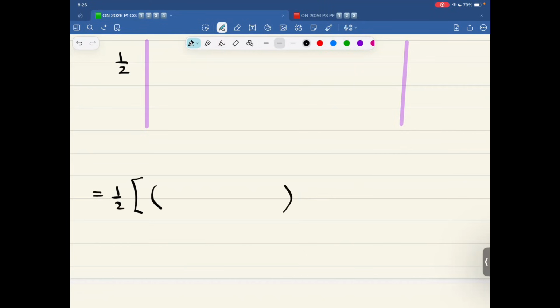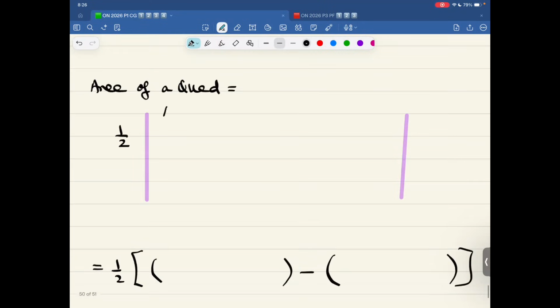Now this is just writing symbolically. So this can be A, B, C, D, A. This is X1, Y1, X2, Y2, X3, Y3, X4, Y4, and then again X1, Y1.